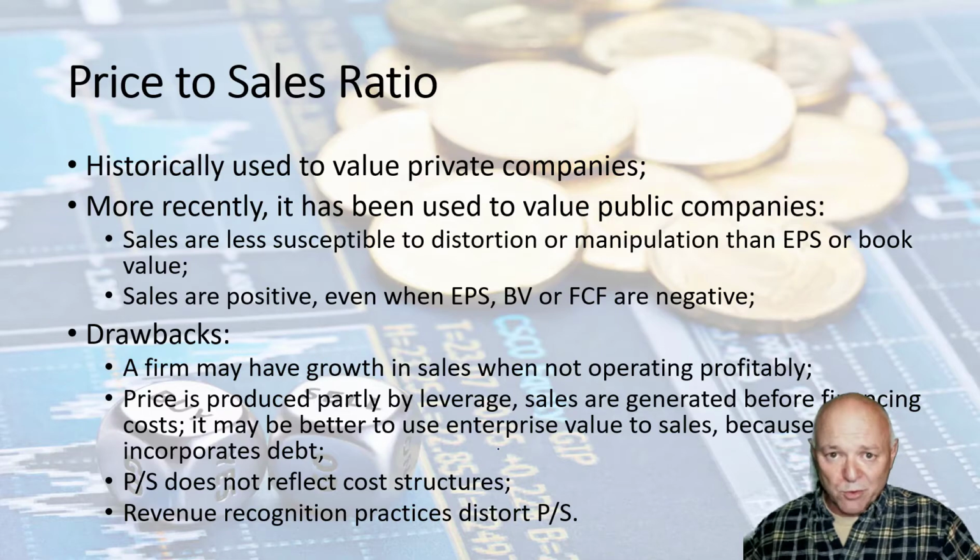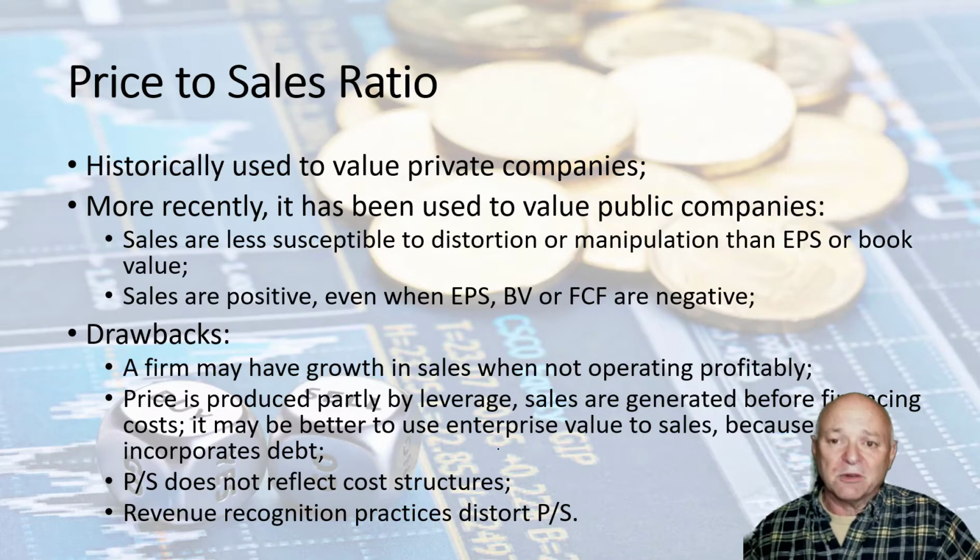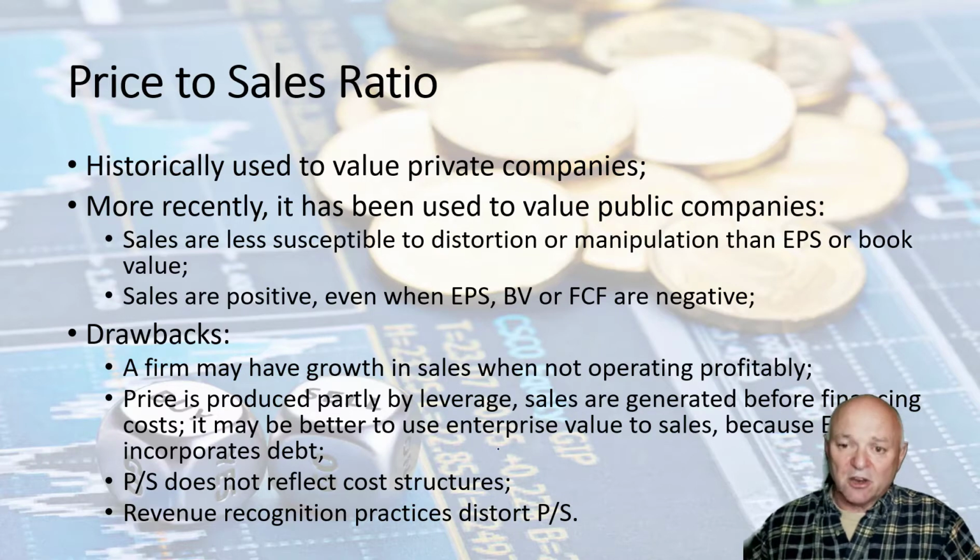And revenue recognition practices of companies may also distort the price to sales. If a company is, for example, Enron, when they were recognizing contracts as being equal to sales, a contract that is for 10 years into the future might list sales that are not really this year's sales as part of this year's sales figure.